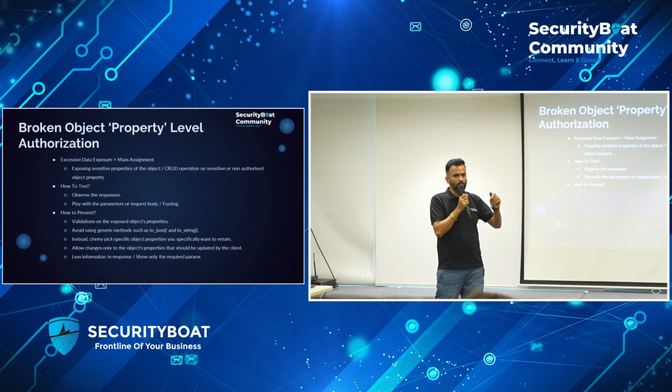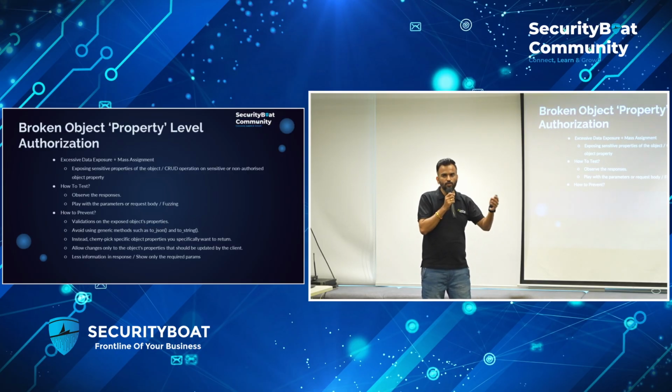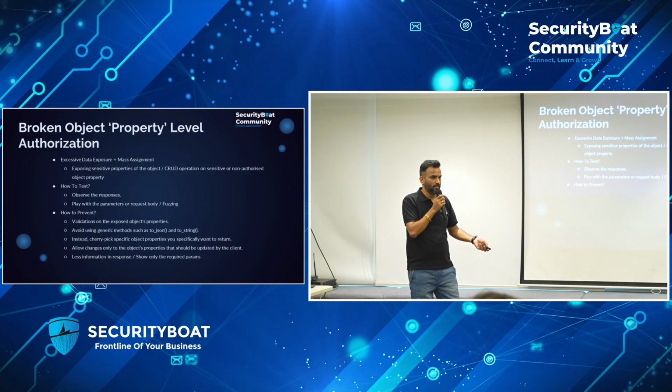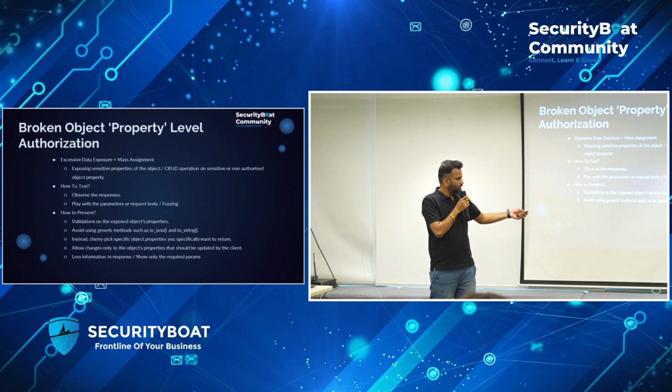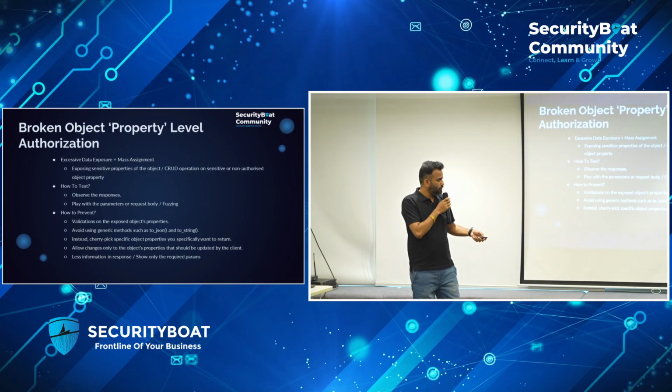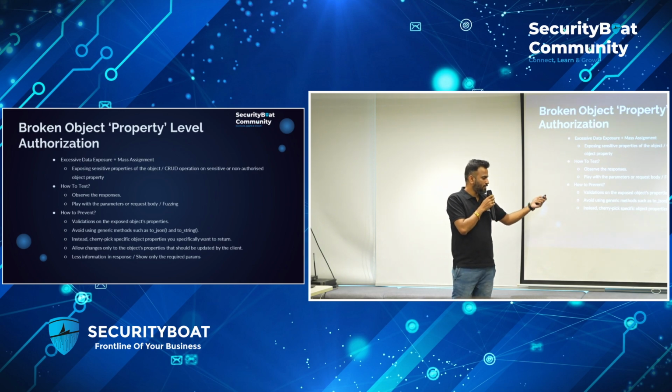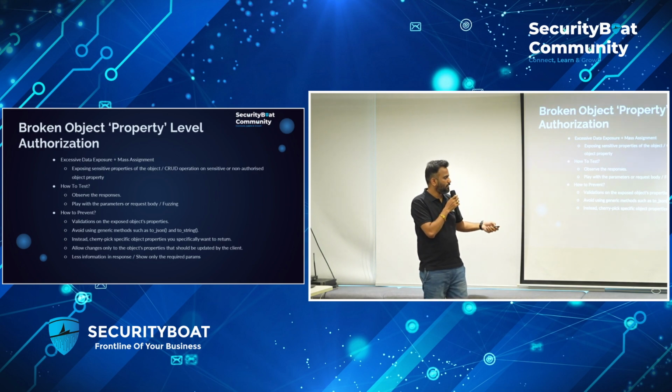I am trying to add a user, so can I add one more parameter which says role equal to admin, and if the server accepts it, then I get admin access directly. Validate exposed object properties, and avoid generic methods such as toJSON, which people use every time in property level authorization.